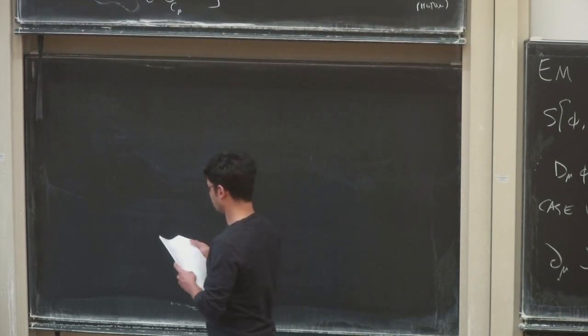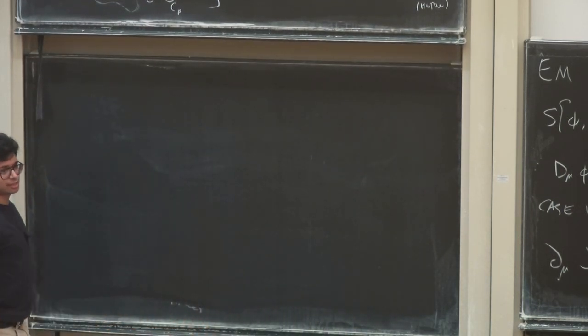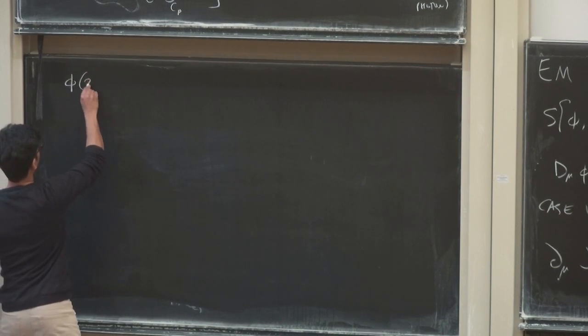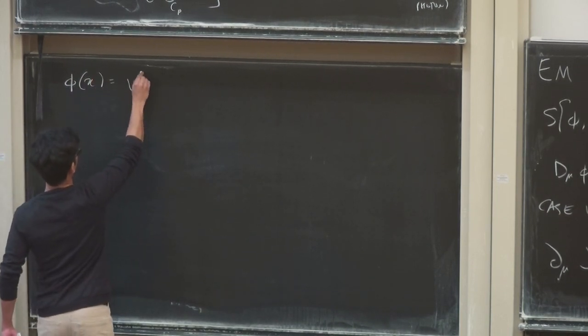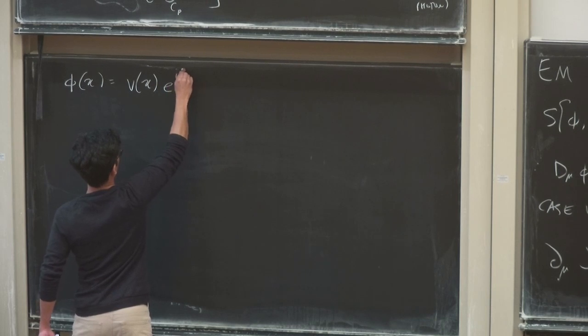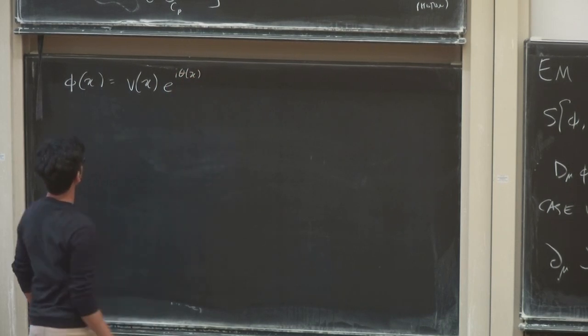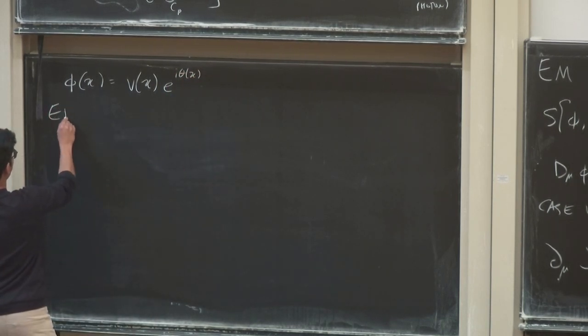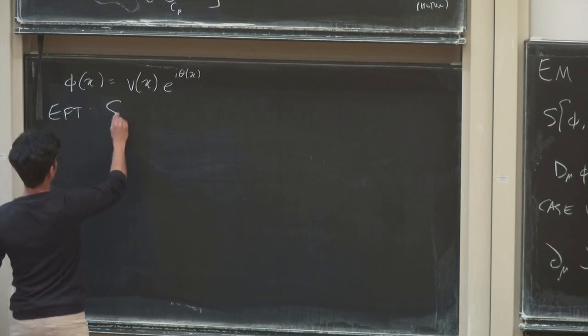Okay. All right. So I'm going to write down a low energy action for this phase. So it's convenient to take phi of x and to write it as a modulus and a phase field. Okay. And now a low energy action for the Higgs phase looks like this.